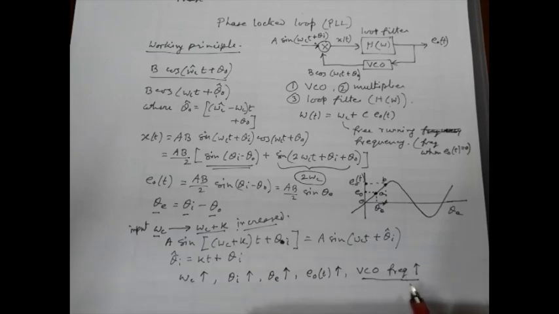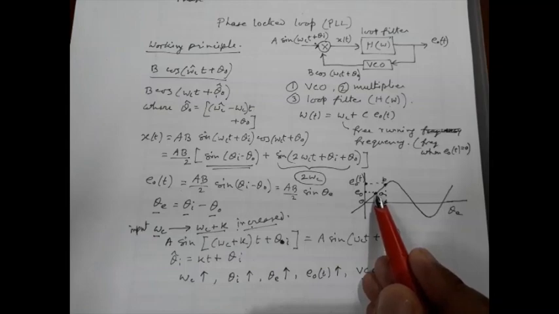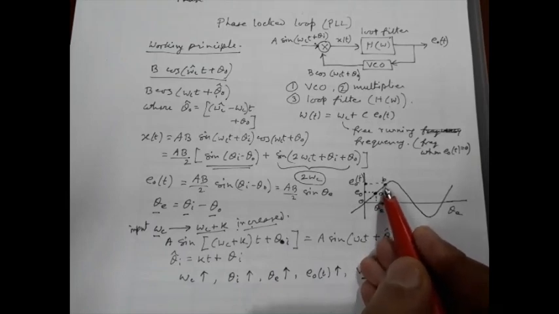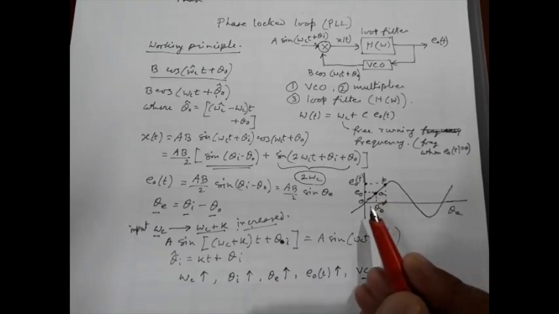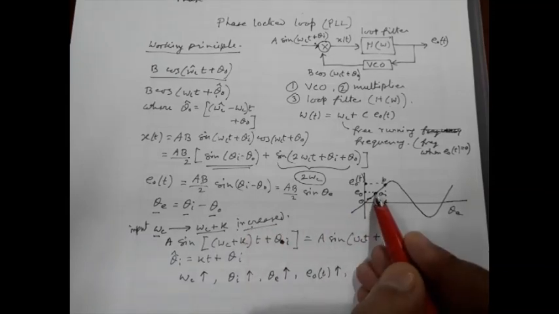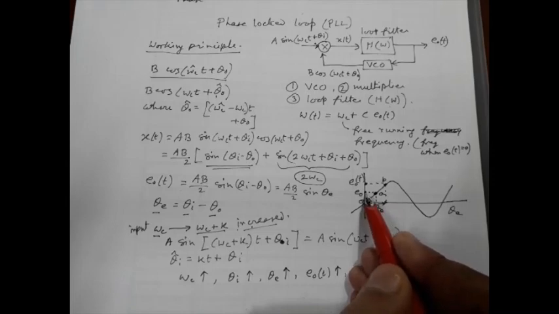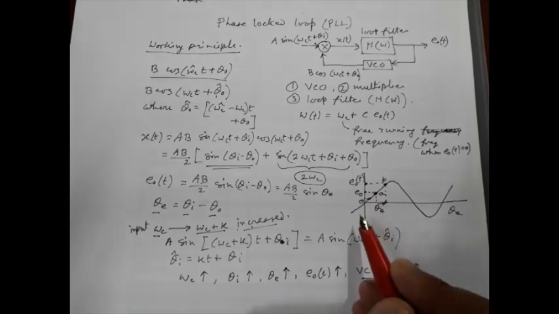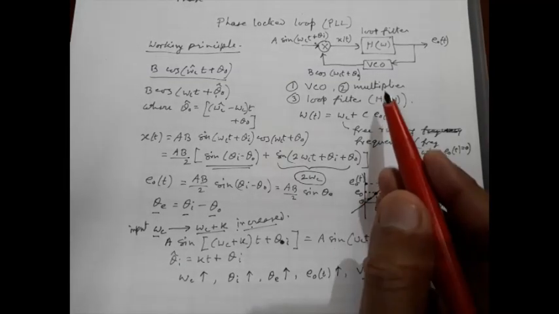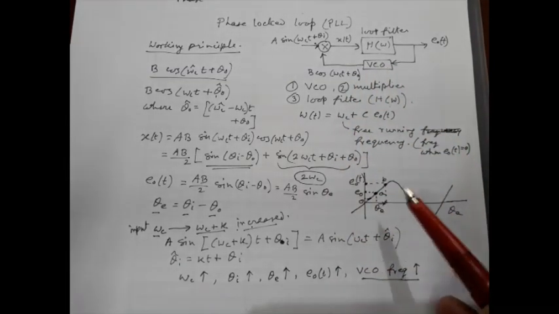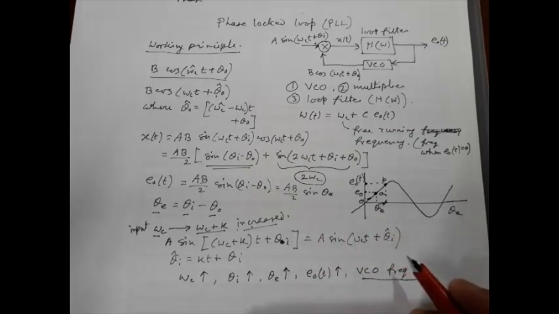Similar thing happens when, instead of increasing the frequency, the input frequency is decreased. In that case the reverse thing will happen. That means the operating point will not shift to the higher value, it will shift towards the lower value. So the error voltage will be reduced, and since the error voltage is reduced, the corresponding VCO output frequency will get reduced, and the PLL will be again locked.